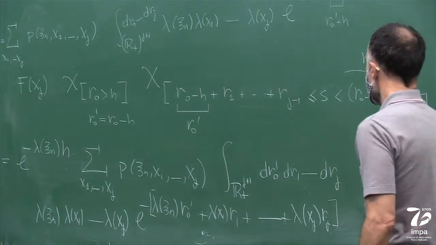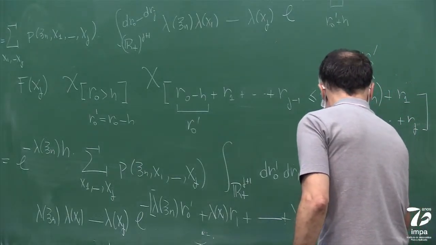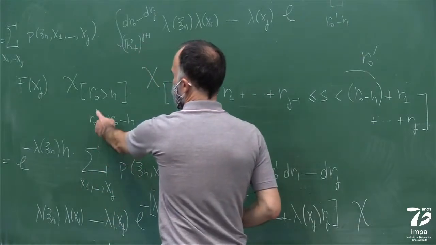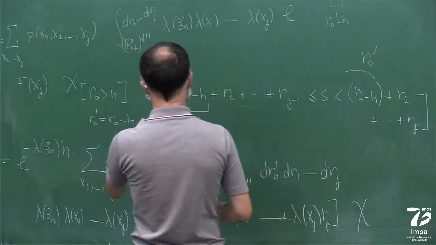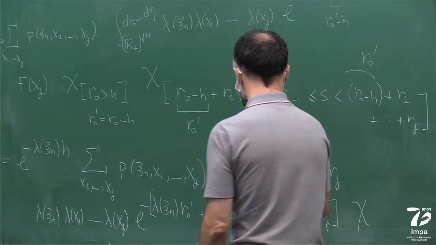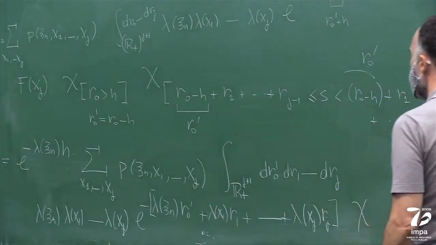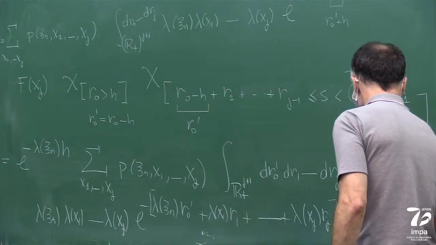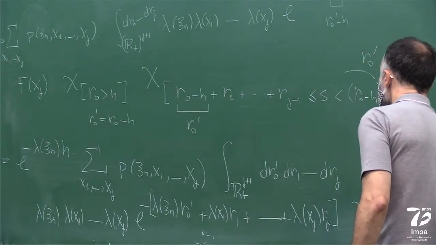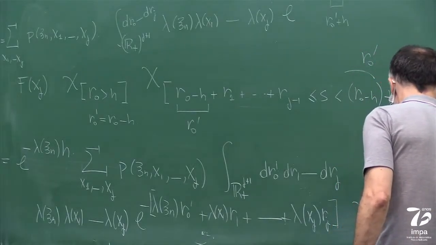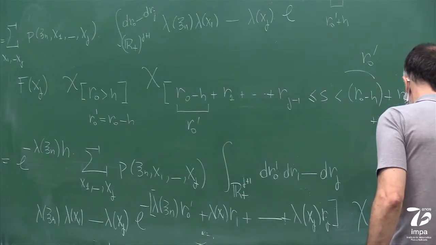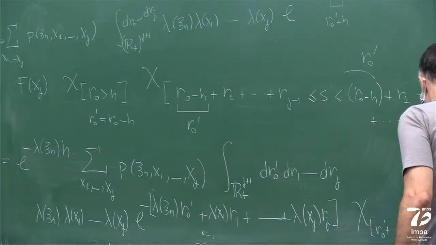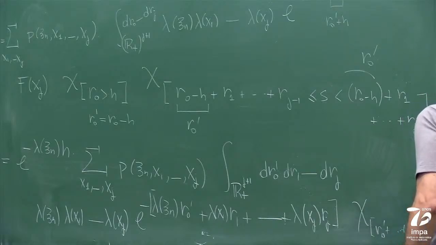And the last indicator, so this one disappeared. It's just that r0 prime is positive, but it's included in the integral here, in which I'm integrating over R plus. And so I remain with this one, which is that r0 prime plus rj minus 1 is less or equal than s, which is less than r0 prime plus rj.